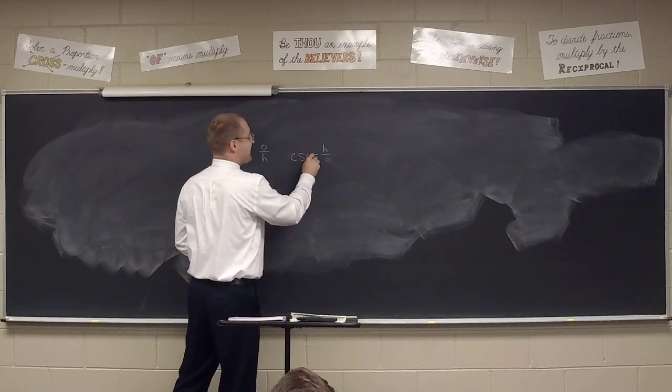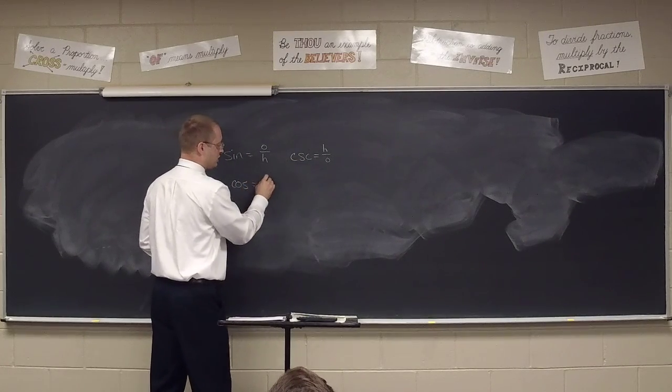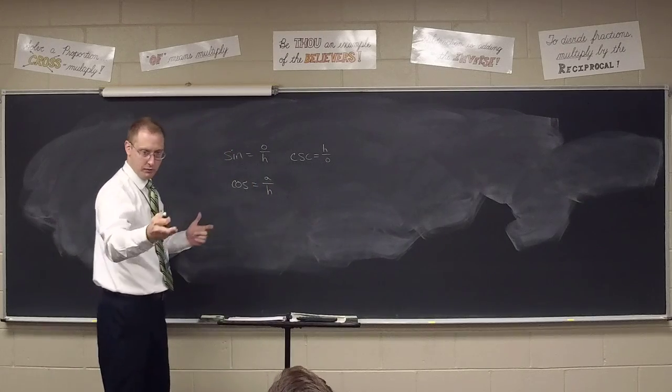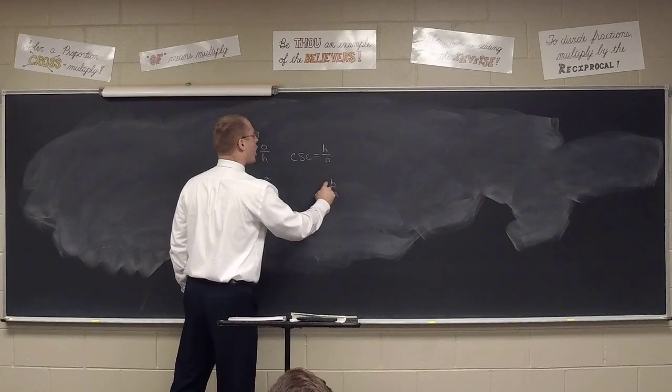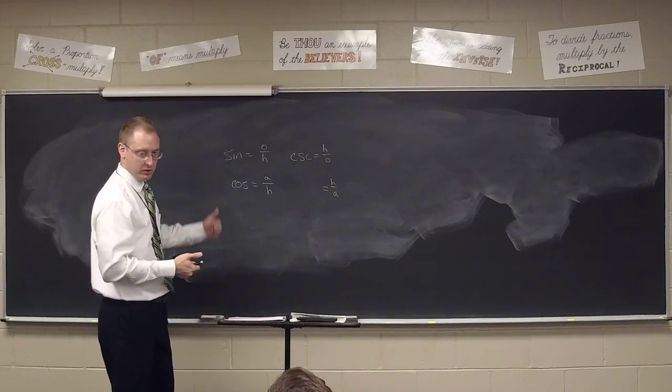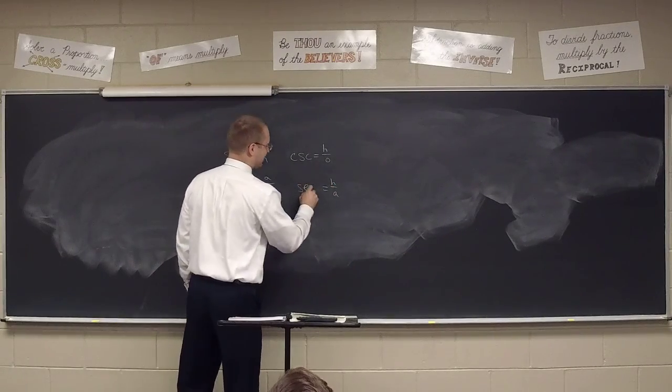Cosecant, abbreviated CSC. Cosine is adjacent over hypotenuse, so its reciprocal, hypotenuse over adjacent, is the secant, abbreviated SEC.